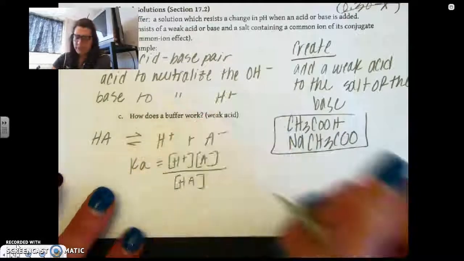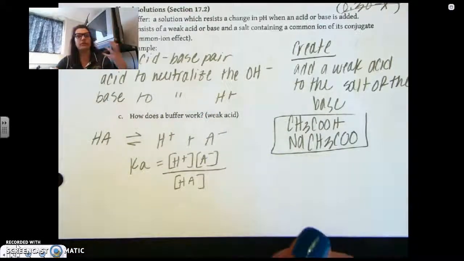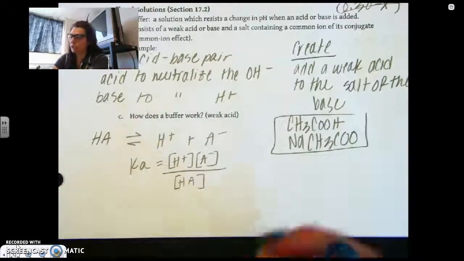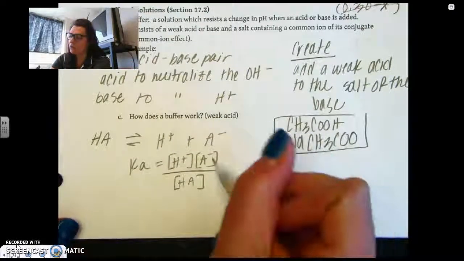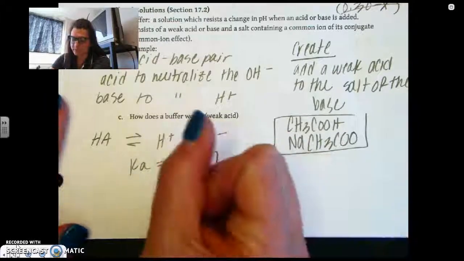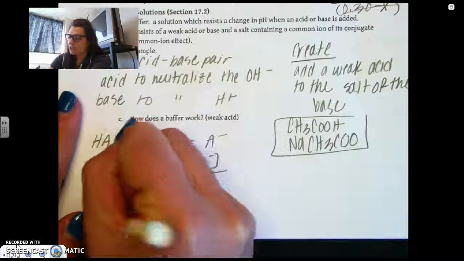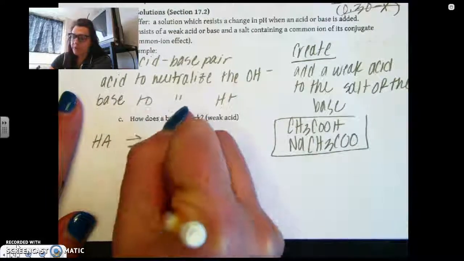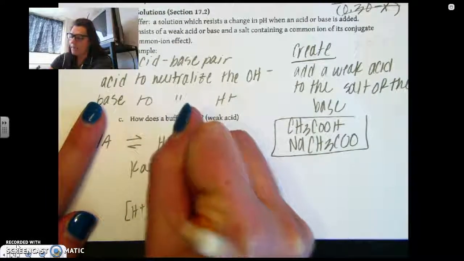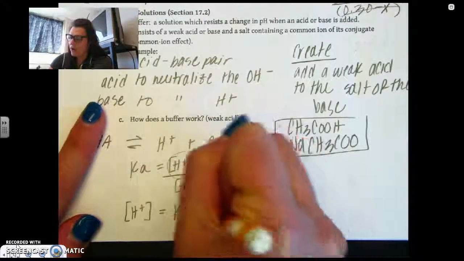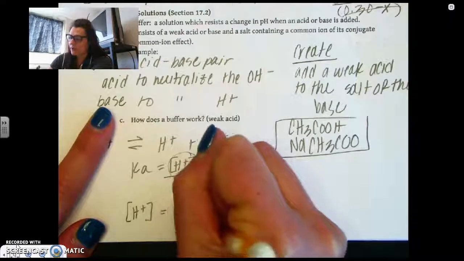Now I'm going to show you how we derive how the buffer reaction actually works. So I'm going to solve for H plus here because that's really what I care about. When I solve for H plus, it turns out to be equal to Ka times HA over A minus.